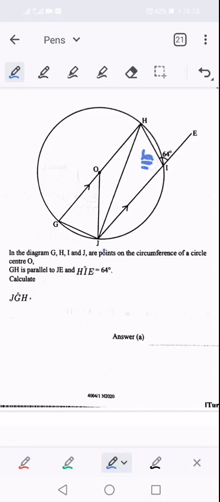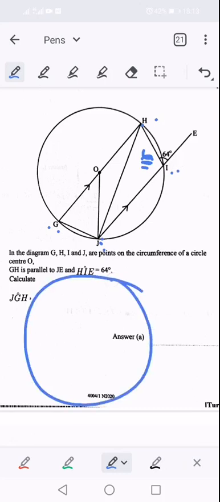Now, if you see these four points, this quadrilateral HGJI is a cyclic quad. Opposite angles of a cyclic quad add up to 180.